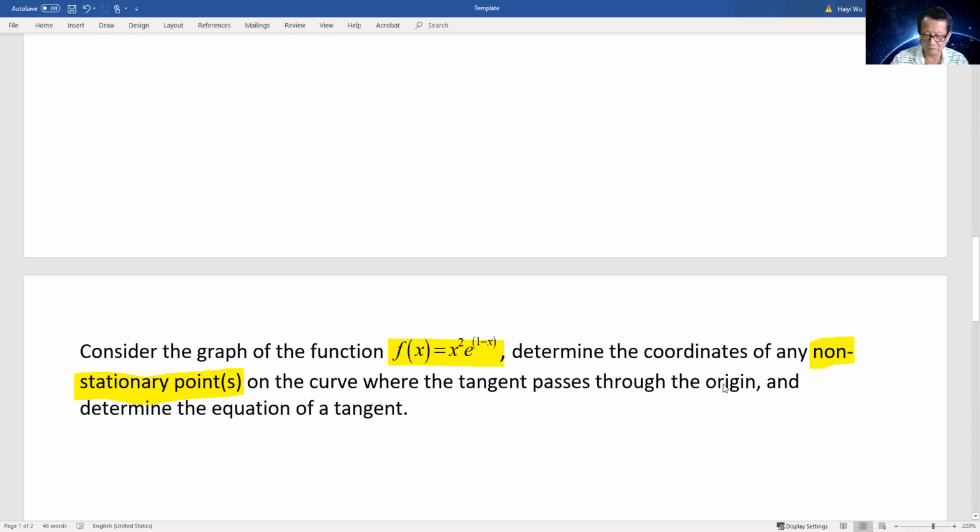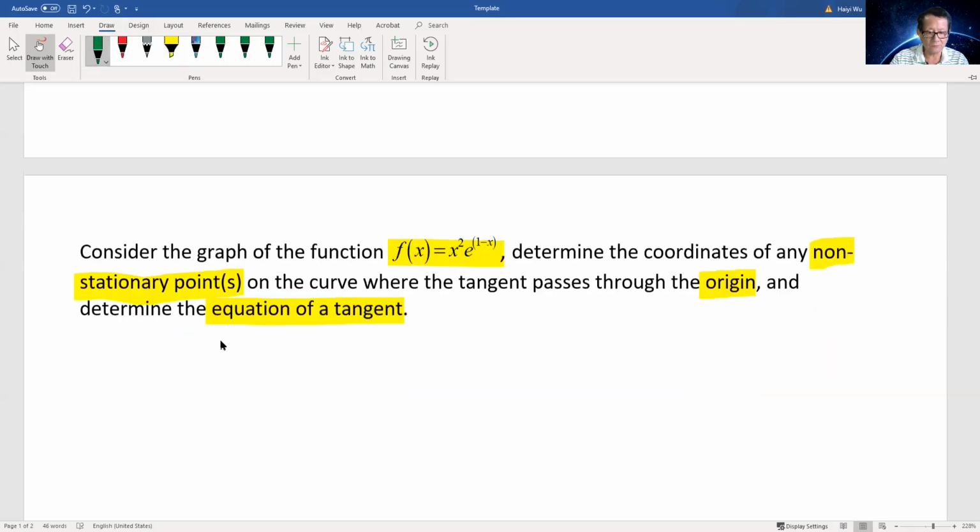So this tangent passes through two points: a stationary point, a non-stationary point, and the origin. Then we also need to determine the equation of the tangent. This is our final goal. Let's have a look at how we solve that.